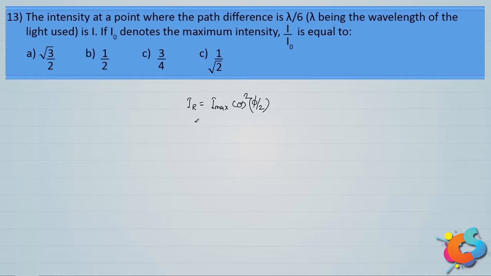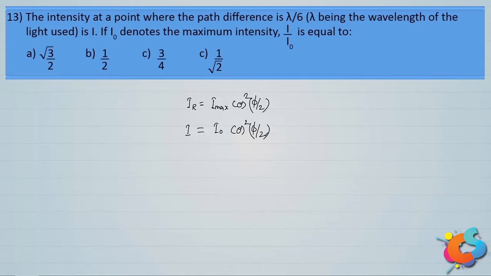Now, here the resultant intensity at a point is given to be I, and maximum intensity is given to be I naught. So you should be very careful while using these symbols. So I is equal to I naught into cos square phi by 2 is the reduced expression.